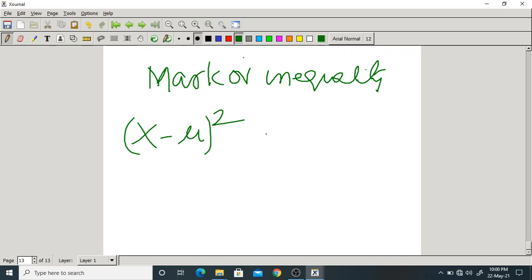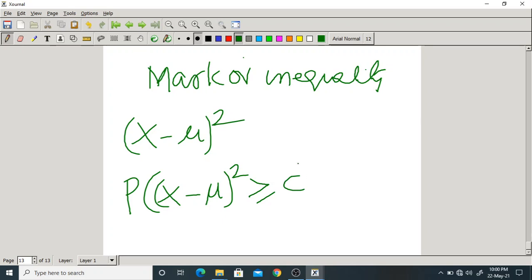It is non-negative, no? So what happens? Probability that x minus mu whole square is greater than or equal to some c square should be less than or equal to, according to Markov inequality, what do you write?